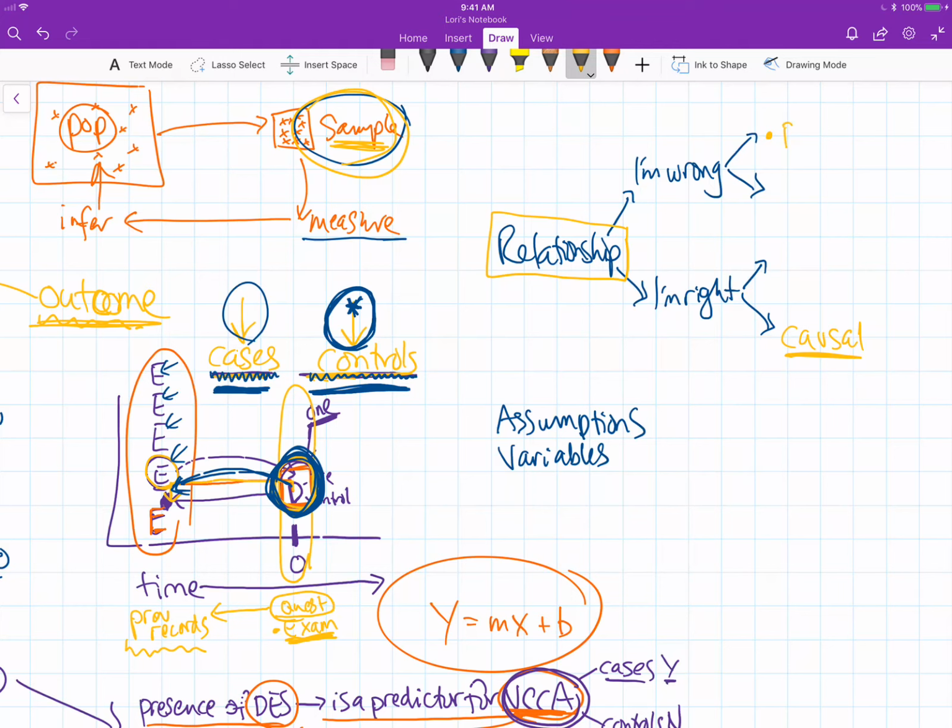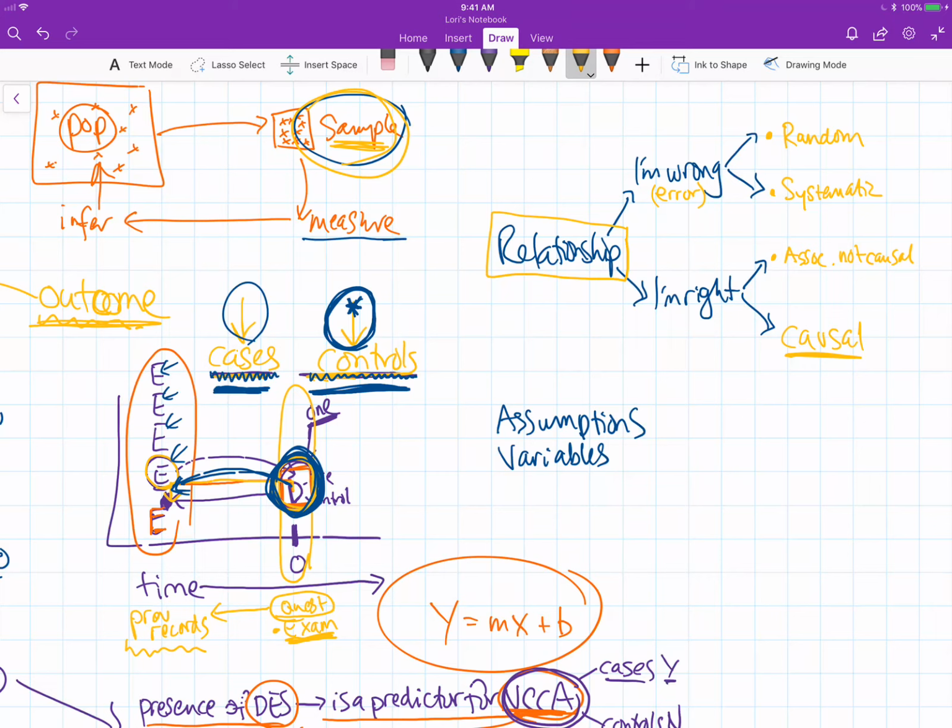First of all, we could have some kind of random error. So I'm wrong, that would be error. Or we could have some kind of systematic error. Or I could have an association that's not causal.